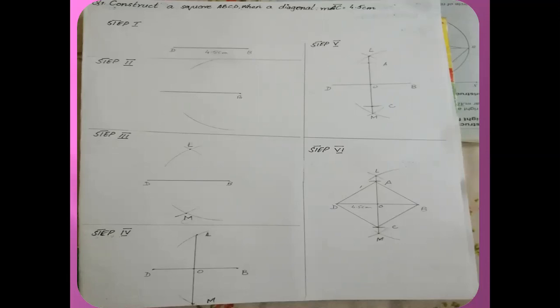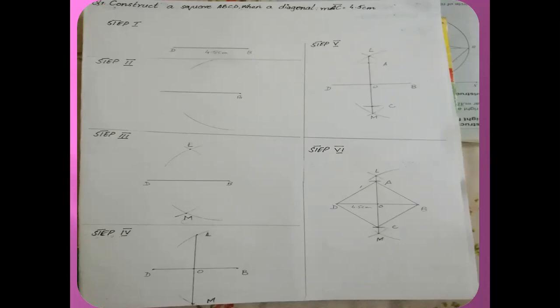Upward, name it A, and downward, give it C. In the last step, join the points C with B, B with A, A with D, and D with C. Now this is the square. The diagonal is 4.5 centimeters. Is it clear to you?